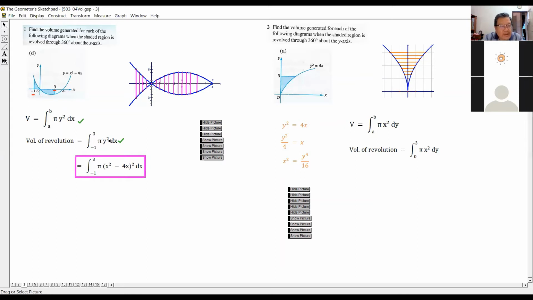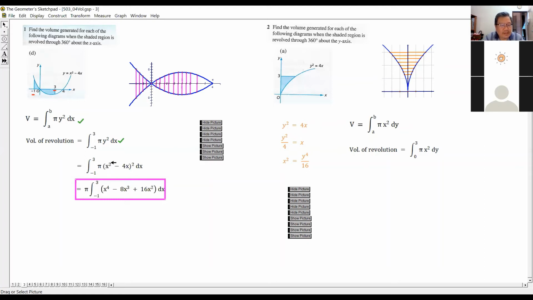So what about y squared? It is x squared minus 4x, and you have to square again. That is the difference between volume and area. In area, you don't have to square again, but in volume, you have to square the function again. So you have to expand one by one.